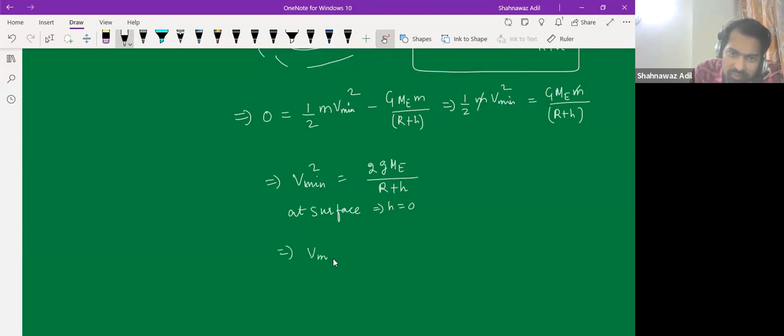So V minimum is root of 2GMe by R. Now how is this GMe by R related to g?